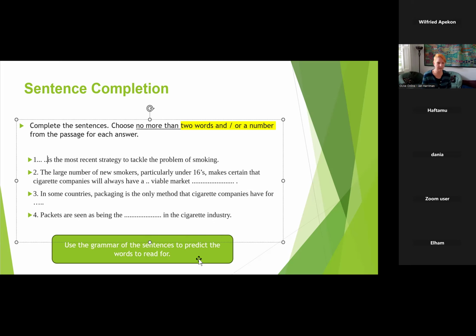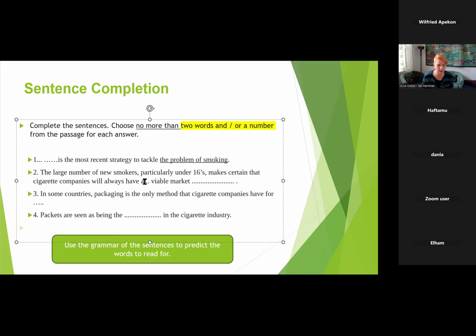All right, let's get to the questions. First of all, we need to find out what our article is going to be about. What is our article going to be about? "Blank is the most recent strategy to tackle the problem of smoking." I think I found the beginning of our topic.